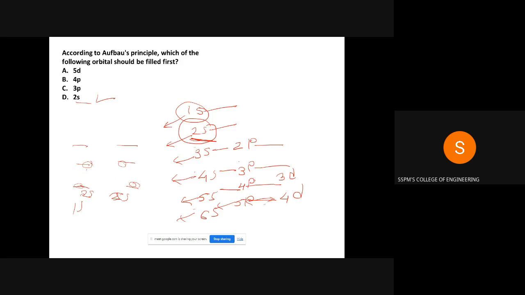In this way, according to the Aufbau principle, you fill the lowest energy first. If you know this chart, the sequence is 1s, 2s, 3s, 2p, 4s, 3p, 5s, 4p, 3d, 6s, 5p, and 4d. So you can fill the electrons in this way.